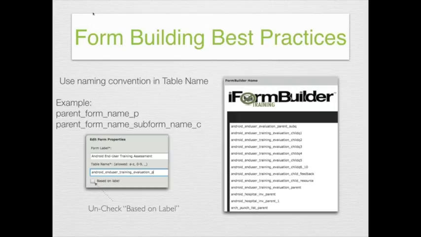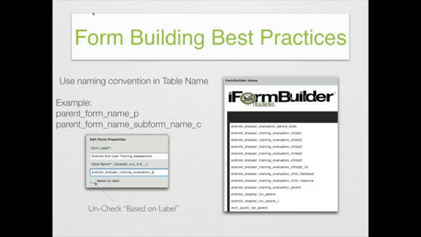So as I mentioned, one of the best practices that we have here is using a naming convention. For the naming convention that I use when I'm building my form, I'm going to start if I have a top layer. So let me take a step back. I keep saying this word subform, but I want to make sure that everyone understands what that is.